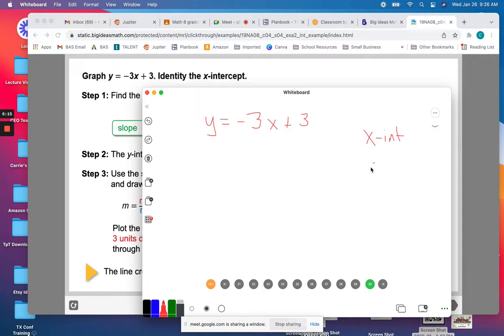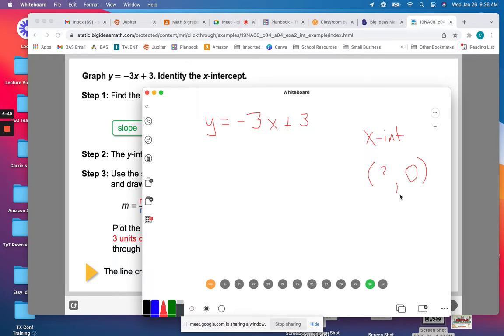We just solved it, but when the line crosses the x-axis, what value is my y? Zero. When it crosses the x line, my y is 0. So what we're looking for is this number.